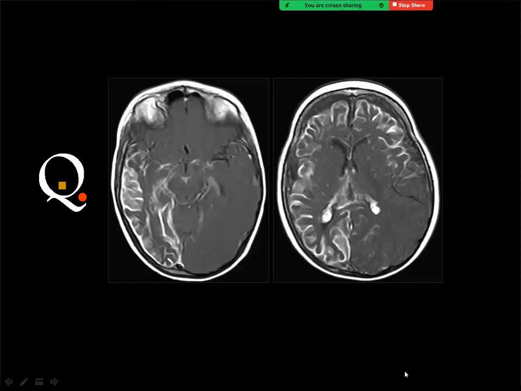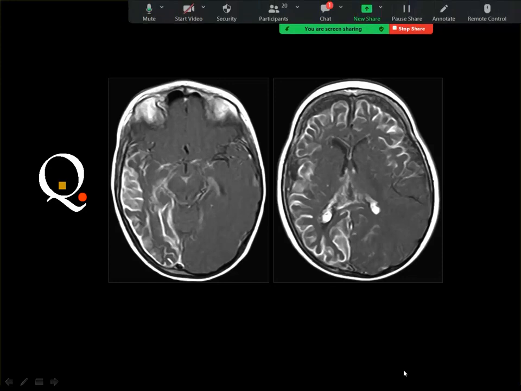Yes, and this is Sturge-Weber disease. You see the enhancement of the leptomeninges because of the angioma on the surface of the brain, and it is characteristically located in the temporo-occipital area, but can extend to the frontal and parietal regions, and sometimes can be bilateral.